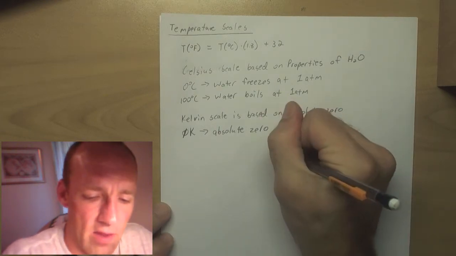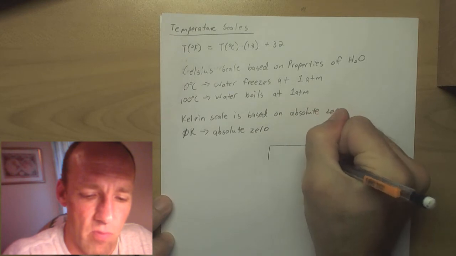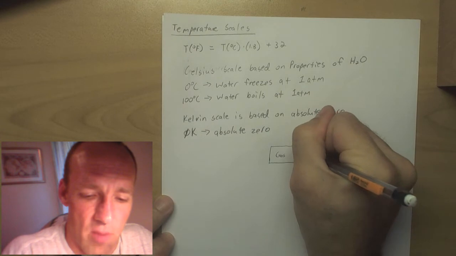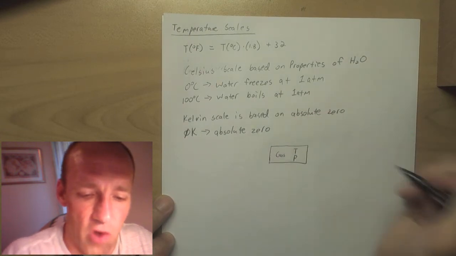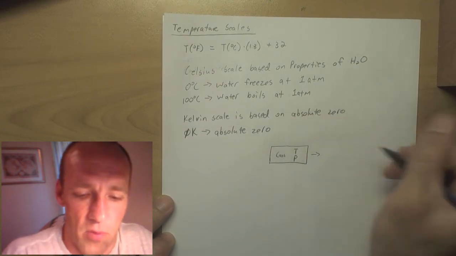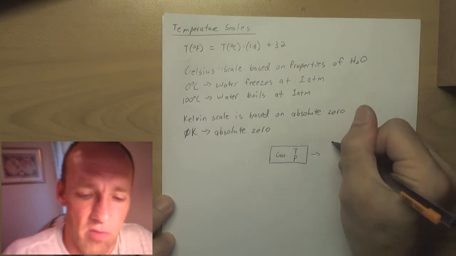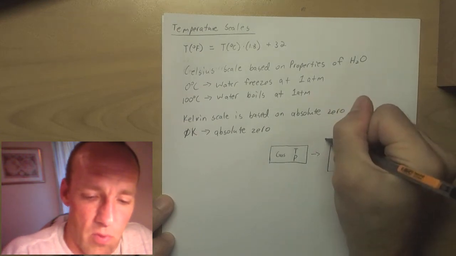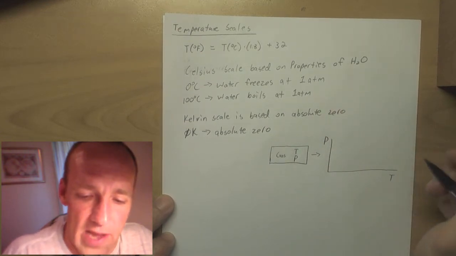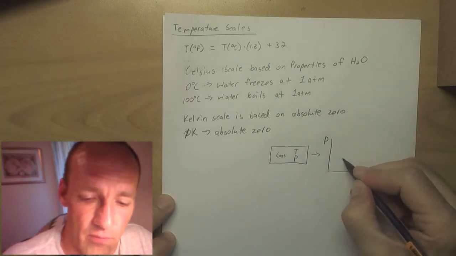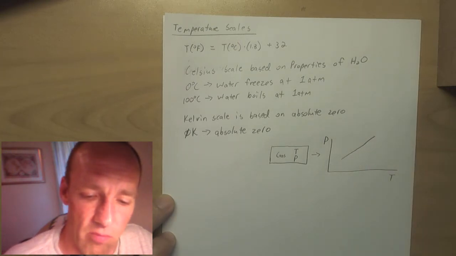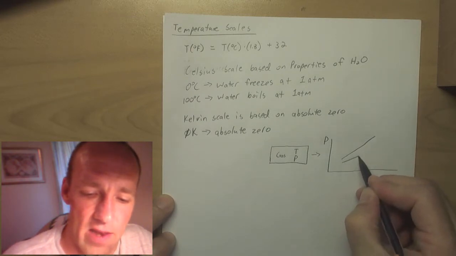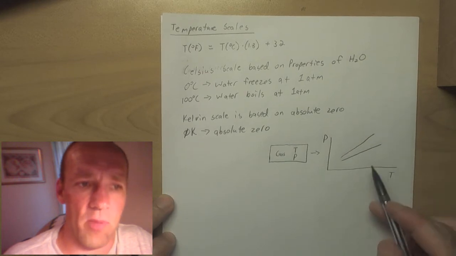Okay, if I had a cylinder of gas and that gas is at temperature T and it has a pressure, if you guys remember, through experiments, the pressure and temperature were related linearly, at least to a good approximation. And different gases had different slopes, but the relationship was linear for all of them.